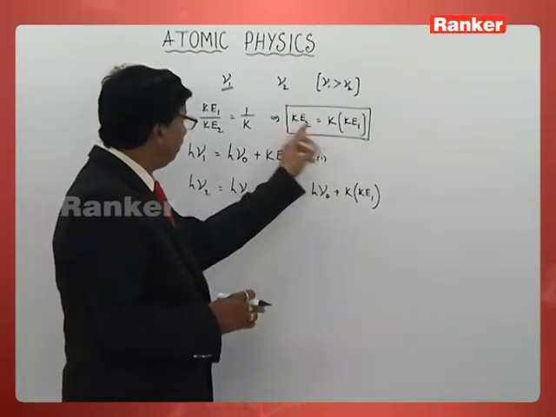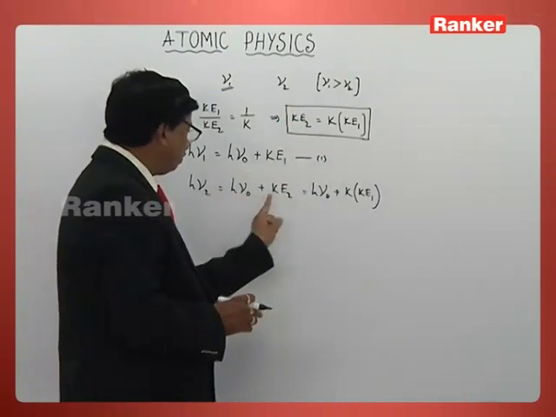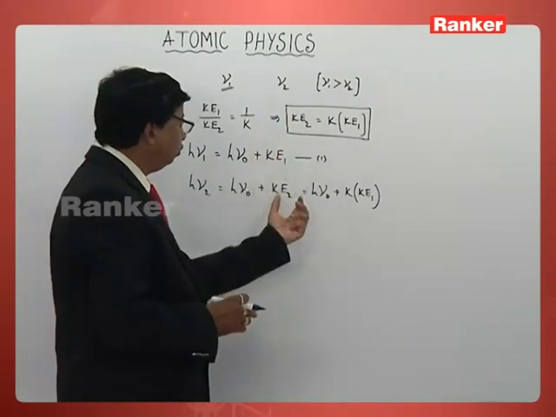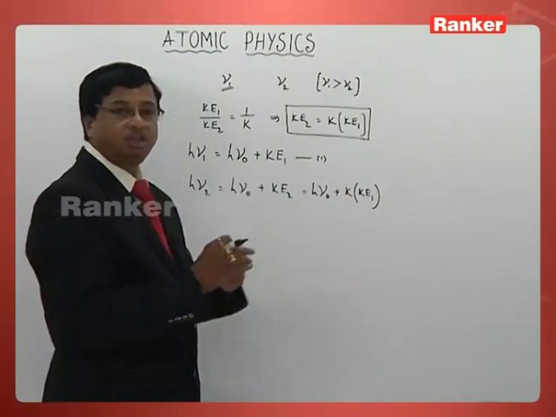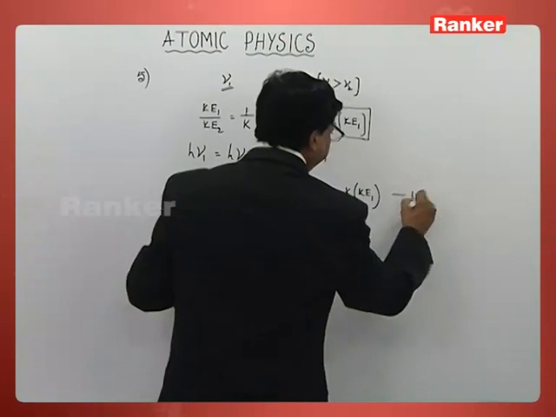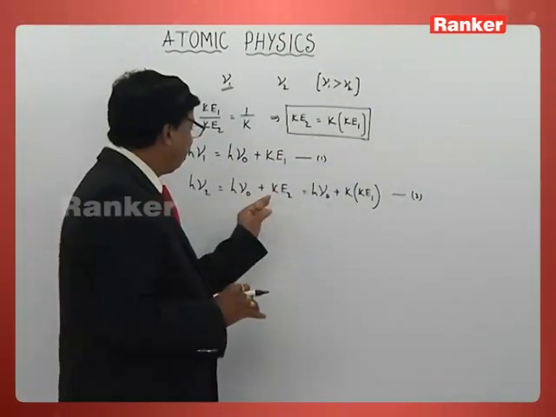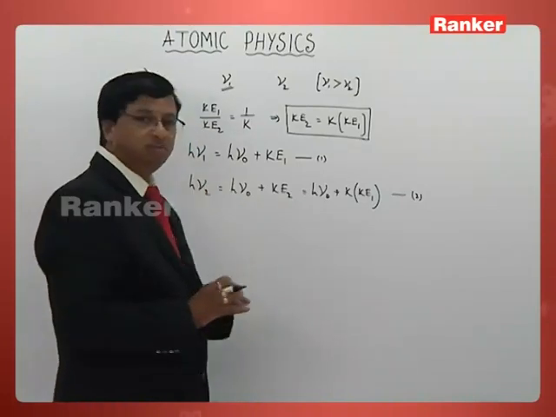I have taken the same relation and written it like this. Accordingly, I am substituting in place of Ke2 as k times Ke1. That is my second equation. Now what do we want? We just want the value of nu naught, nothing more.